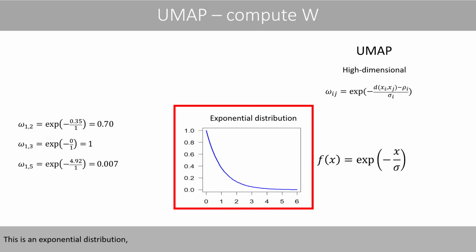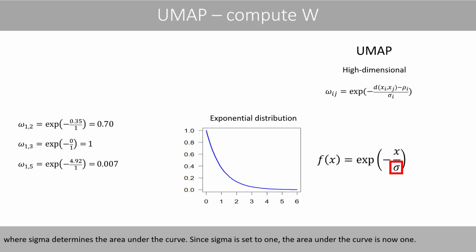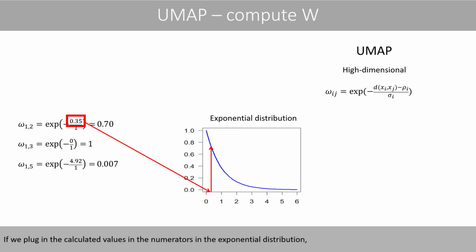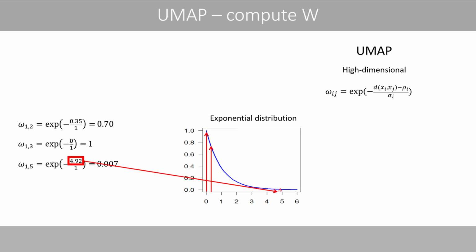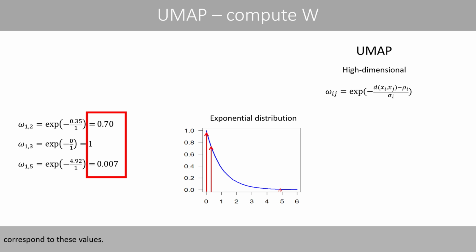This is an exponential distribution, where sigma determines the area under the curve. Since sigma is set to 1, the area under the curve is now 1. If you plug in the calculated values in the numerators in the exponential distribution, we can see that the heights of the curve correspond to these values.